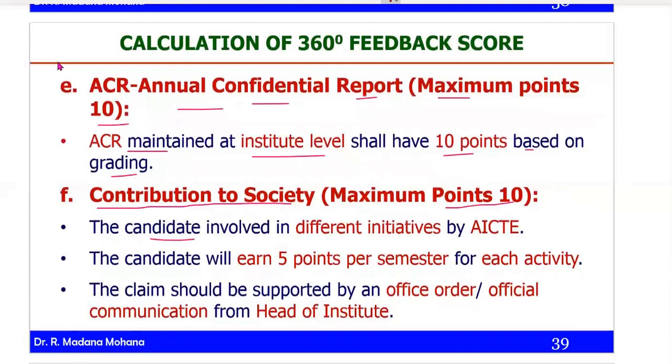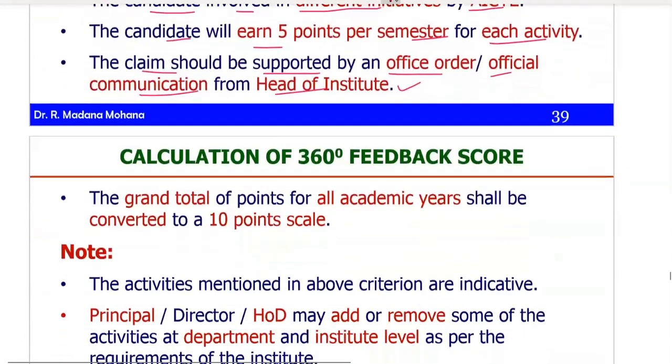For the candidate involved in different initiatives by AICTE, the candidate will earn 5 points per semester for each activity. The claim should be supported by an office order or official communication from the head of the institute. So these are all the various parameters used for calculation of the 360 degrees feedback score.